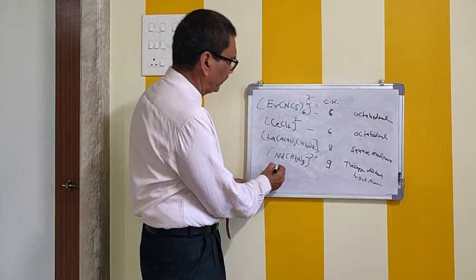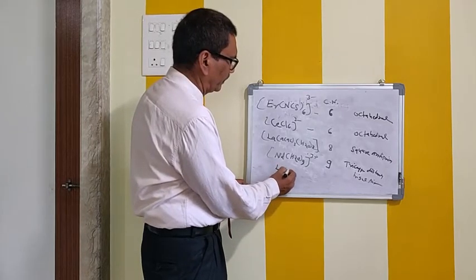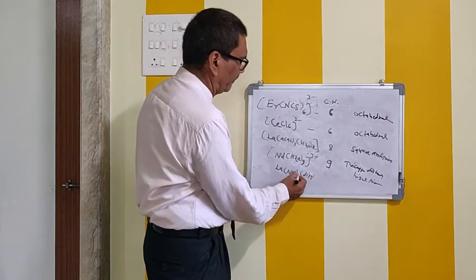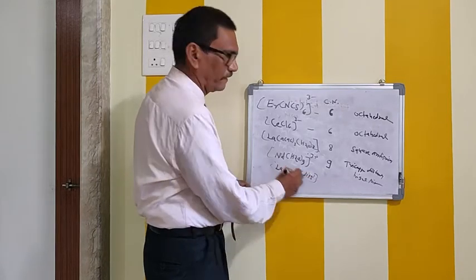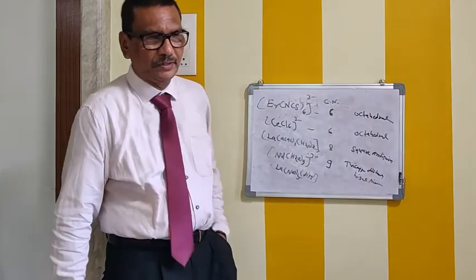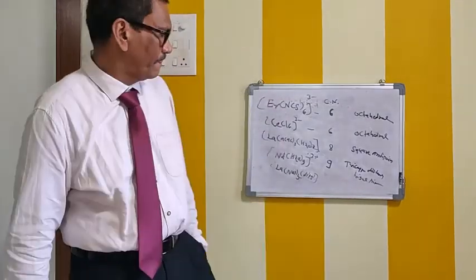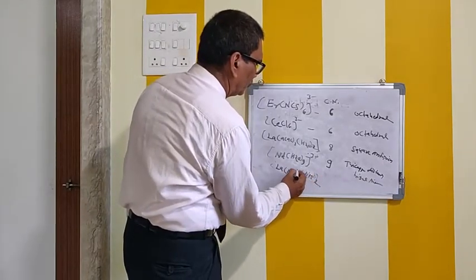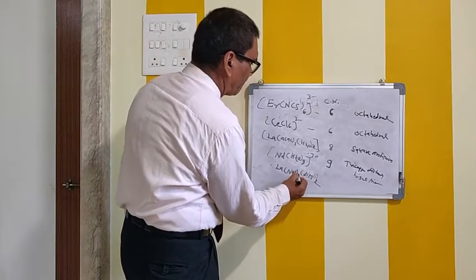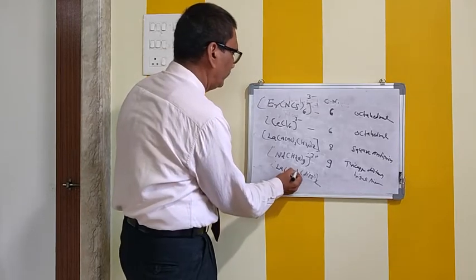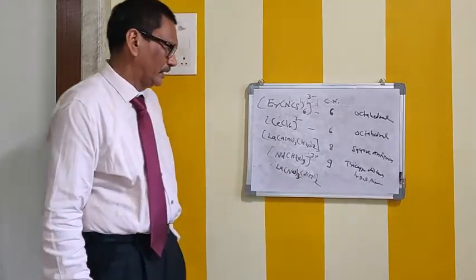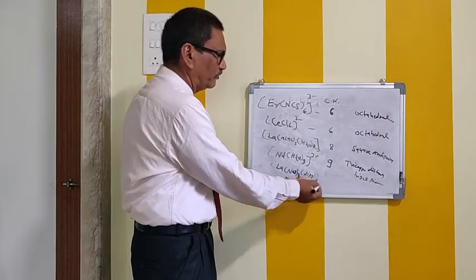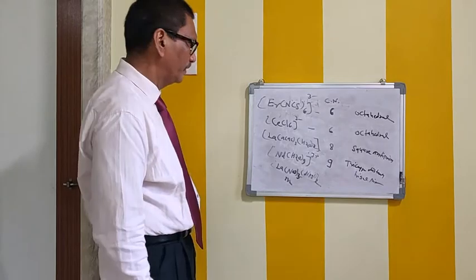So we again take the lanthanum complex, La(NO3)3 with dipyridyl. What is the coordination number here in this case? So NO3 is the bidentate ligand here, and that's why 3 are there. So 3 into 2. Again you see that 3 plus 2 means 5 will be the coordination number as per your definition.